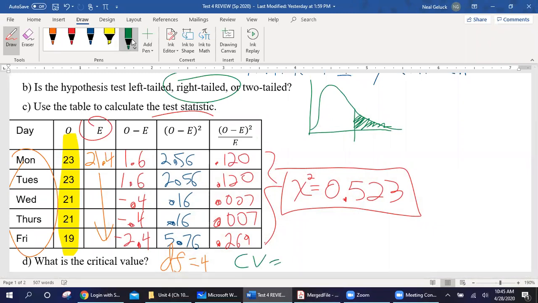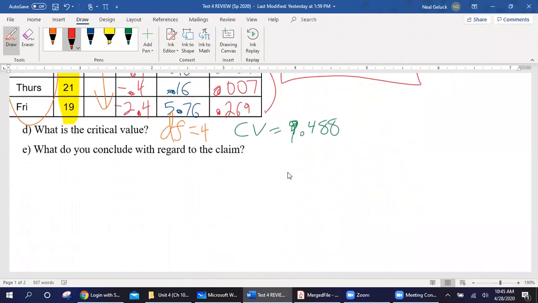The critical value is 9.488. If I look at my little graph that I drew, anything beyond 9.488 is weird. Weird means reject. My chi-square value is less than 1, so it's definitely not in the weird region, so I do not reject.